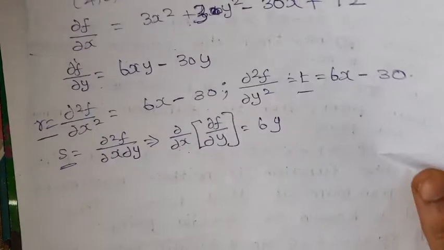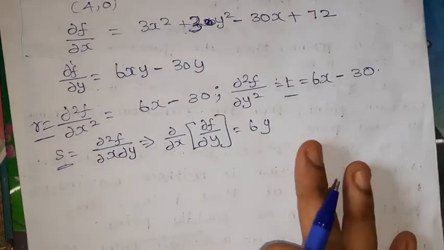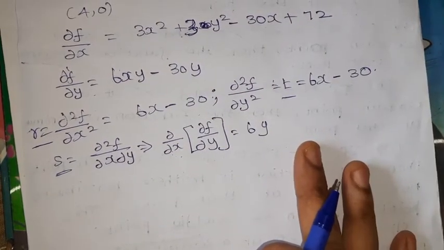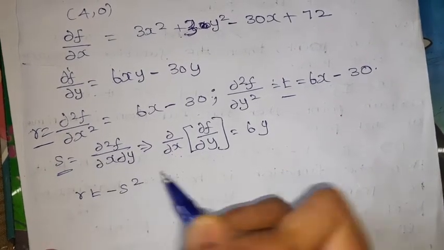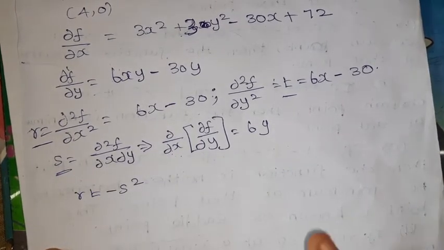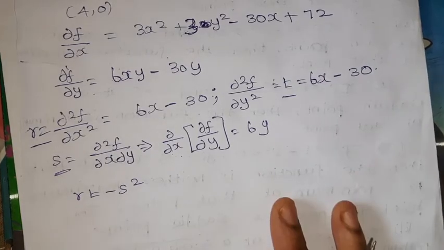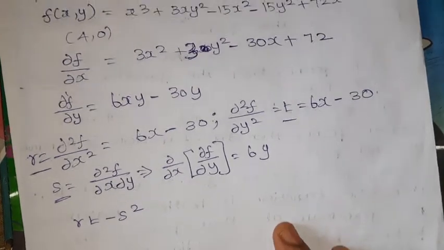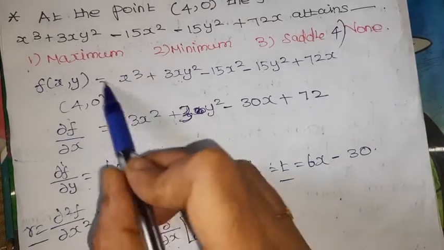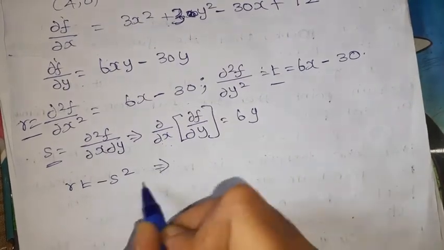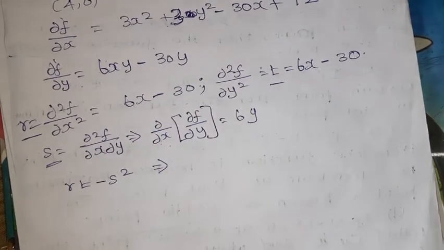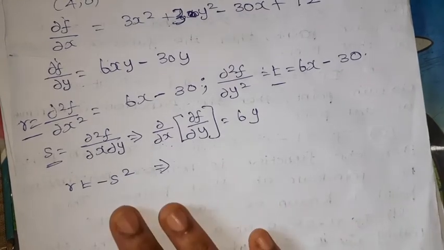Then what is the condition to find the maximum or minimum value? We know the condition is RT minus S squared. We have been given one point as 4 comma 0. We need to verify whether it is a minimum or maximum by using this condition.